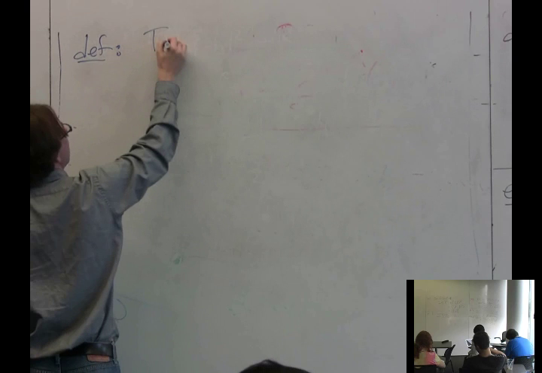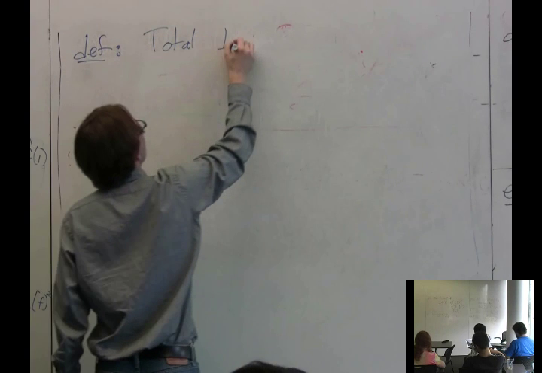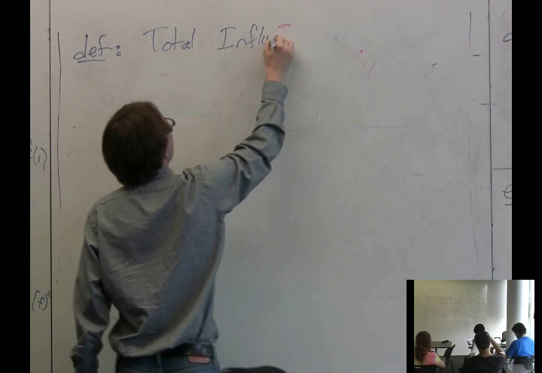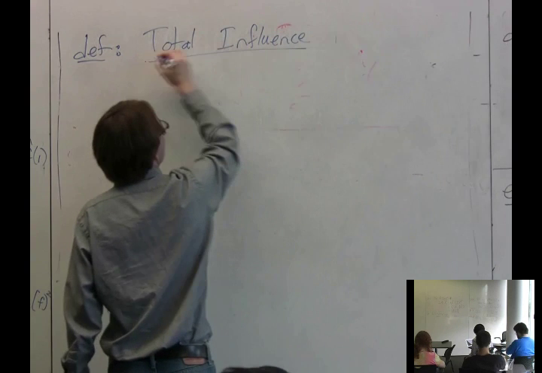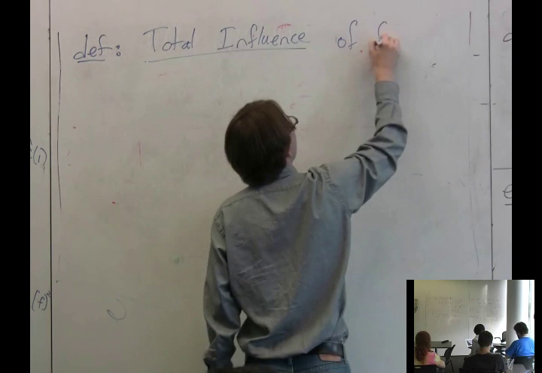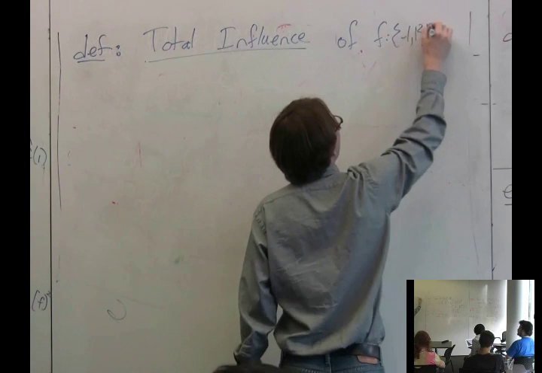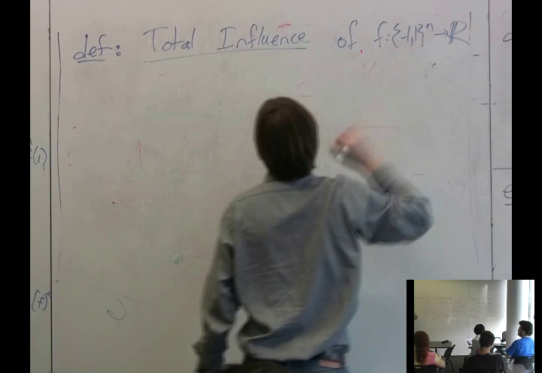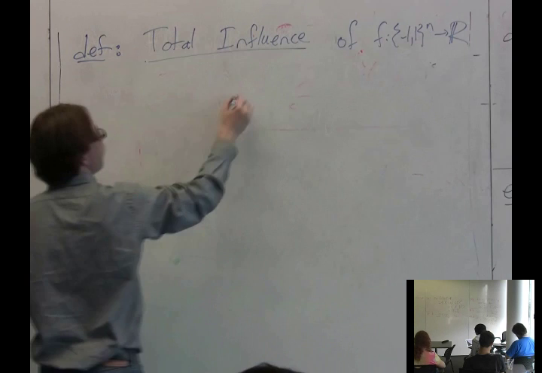The total influence of a function f is just defined to be the sum of its influences.